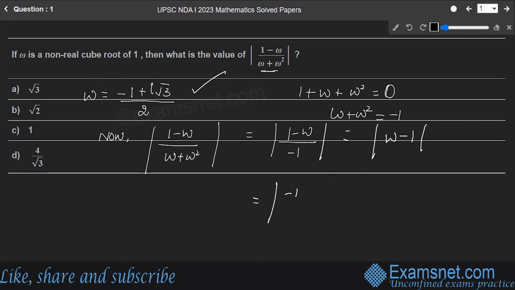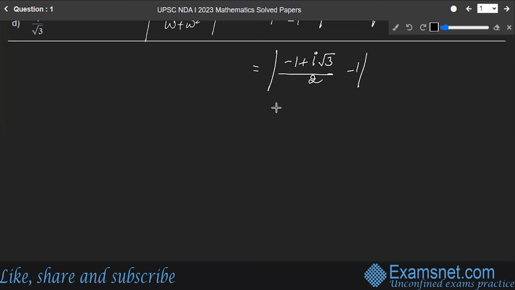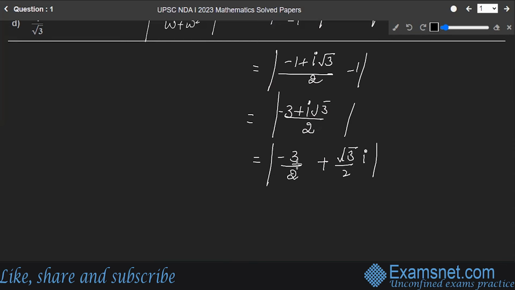You will have -1 plus iota root 3 upon 2 minus 1, which will give you -3 plus iota root 3 upon 2. Let's separate the real and the imaginary part: -3 by 2 plus root 3 by 2 iota.